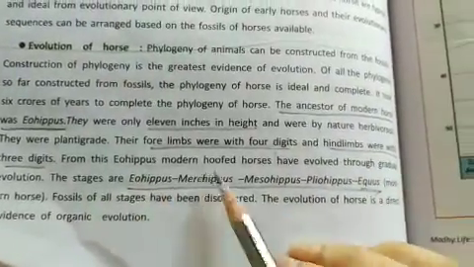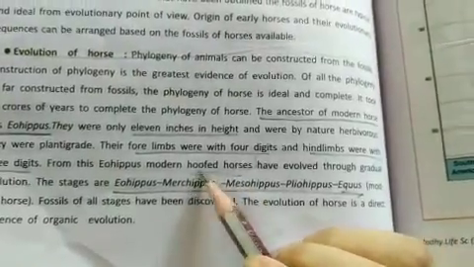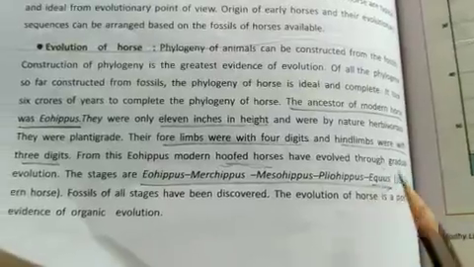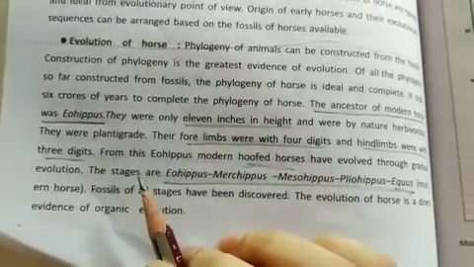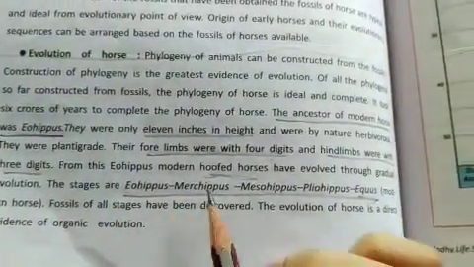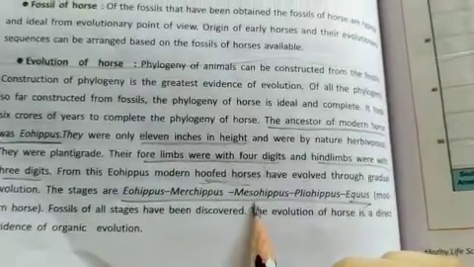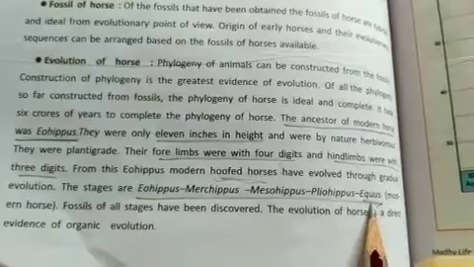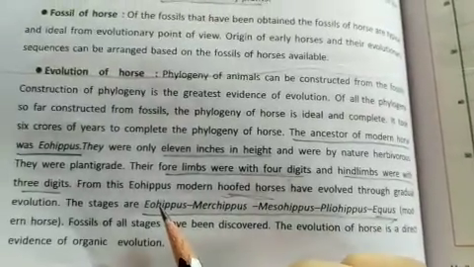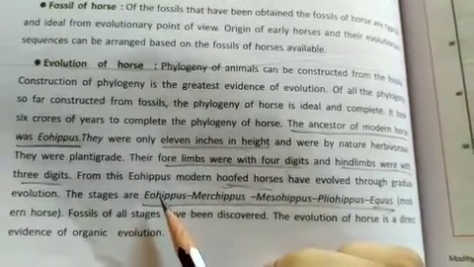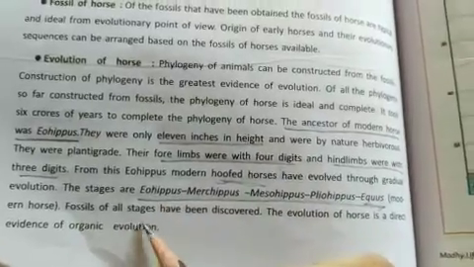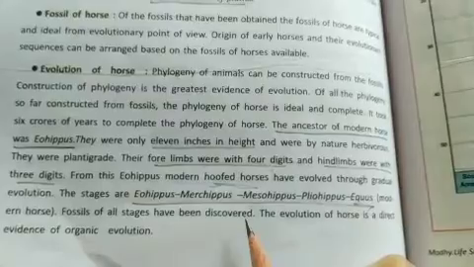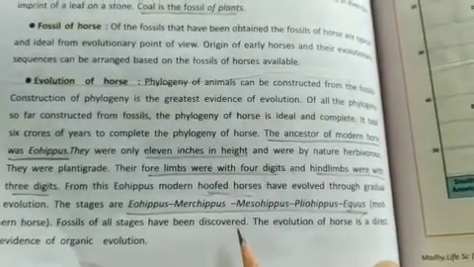From Eohippus, the modern hoofed horse has evolved through gradual evolution. The stages are Eohippus, Merychippus, Mesohippus, Pliohippus and Equus. Equus is the modern horse and Eohippus is the ancestor of the modern horse. Fossils of all stages have been discovered and it is a direct evidence of organic evolution.